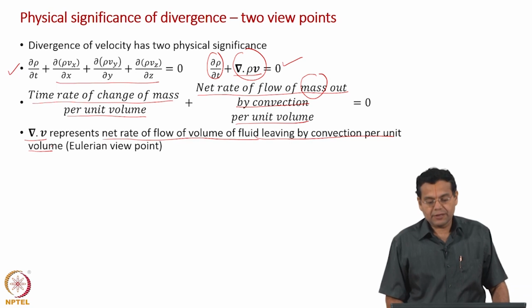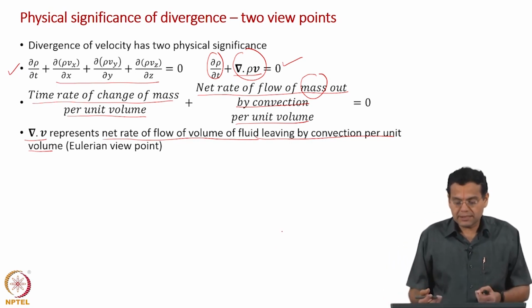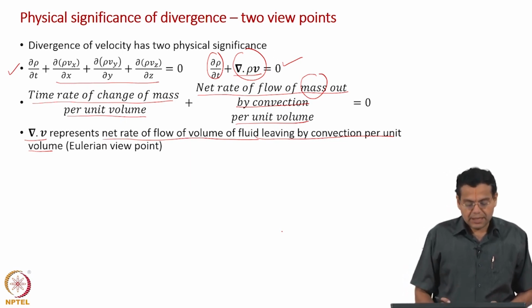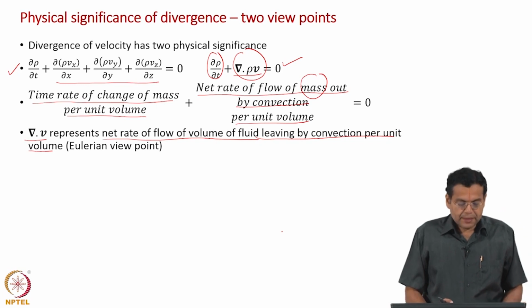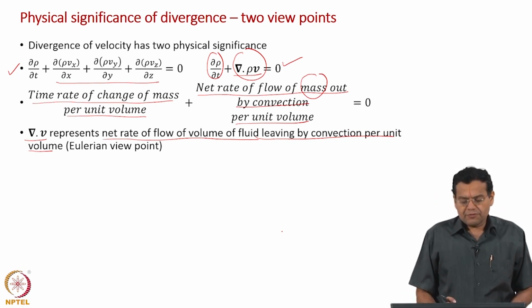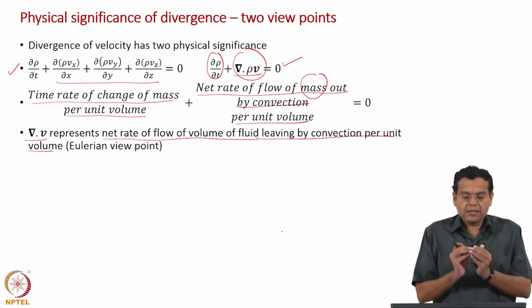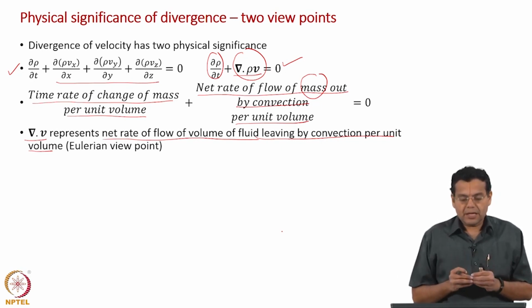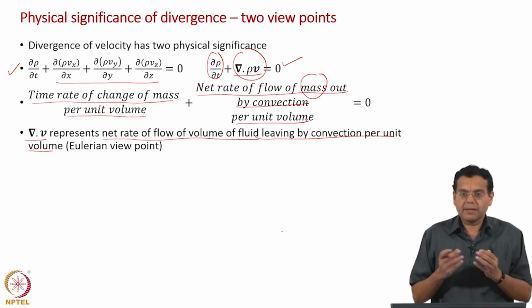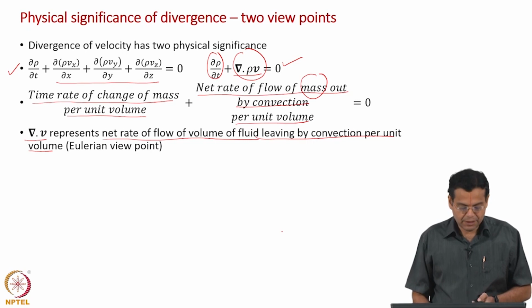In the case of del dot rho V, it was mass; del dot V has the same physical significance, instead of mass it is volume. Now, this gives the physical significance of del dot V from an Eulerian viewpoint. We have a small region and del dot V represents net rate of flow of volume of fluid leaving by convection per unit volume.